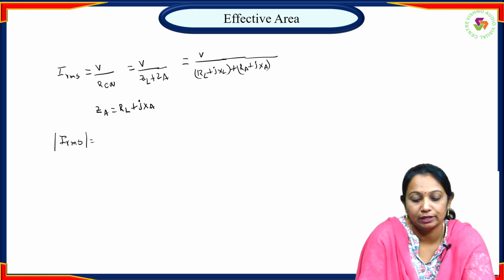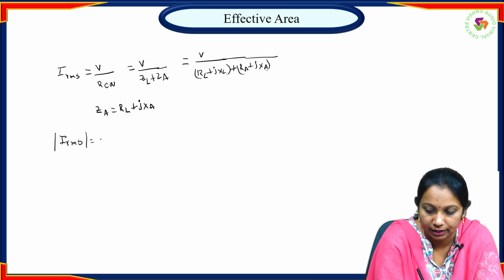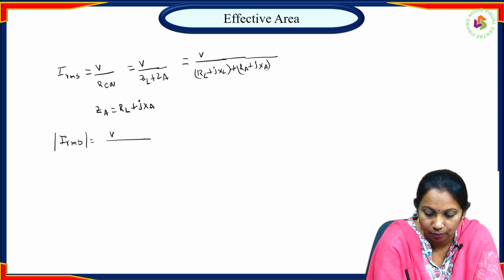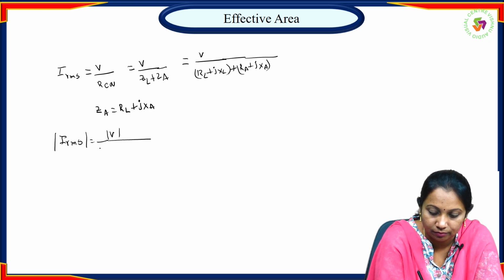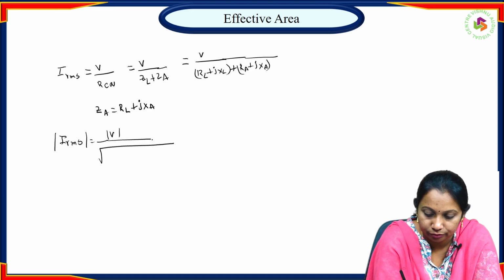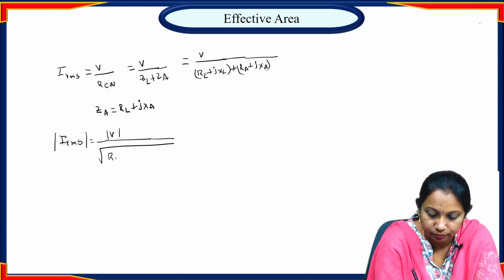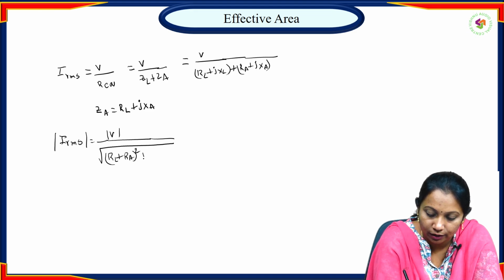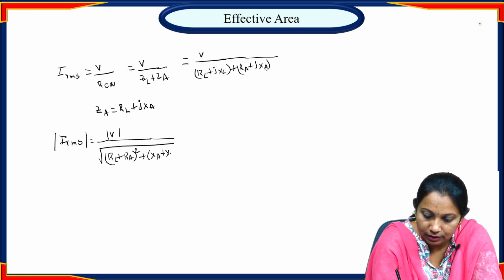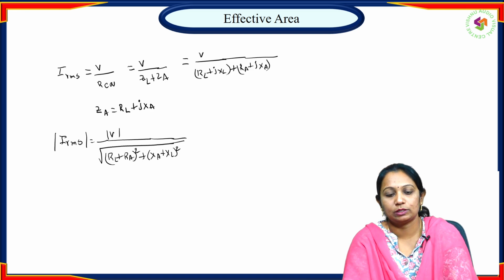Then the mod of I is equal to mod V divided by root of (RL plus RA) whole square plus (XA plus XL) whole square.